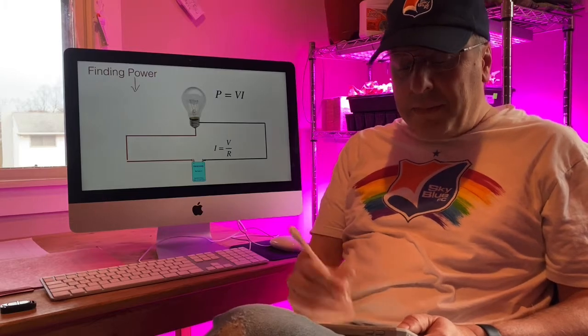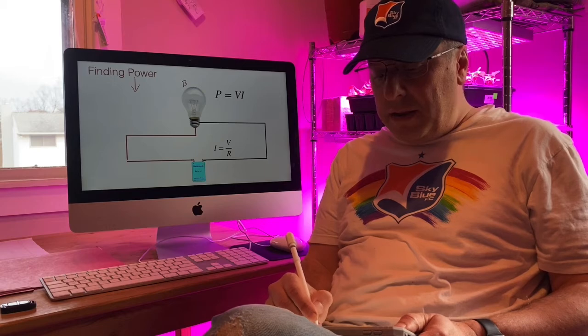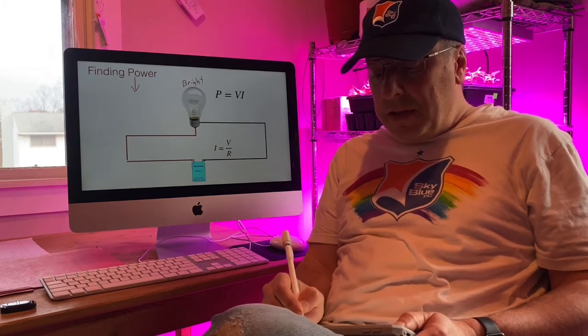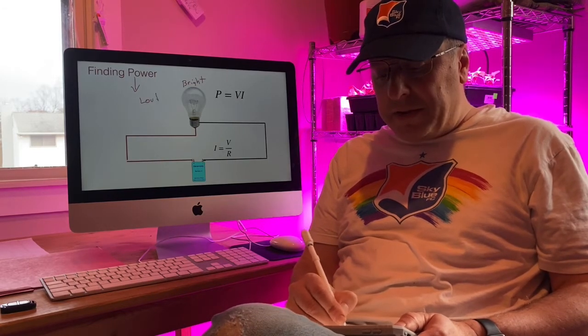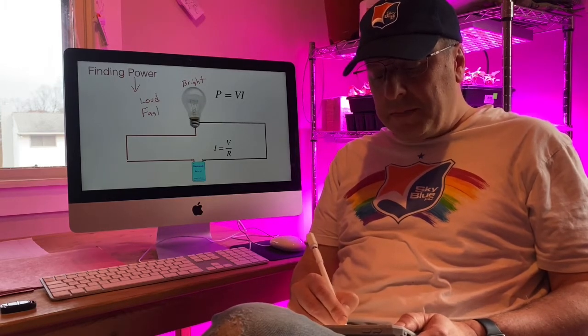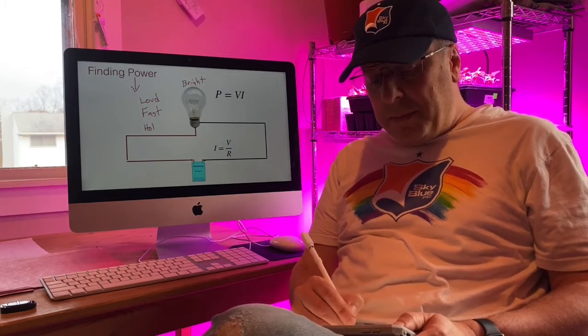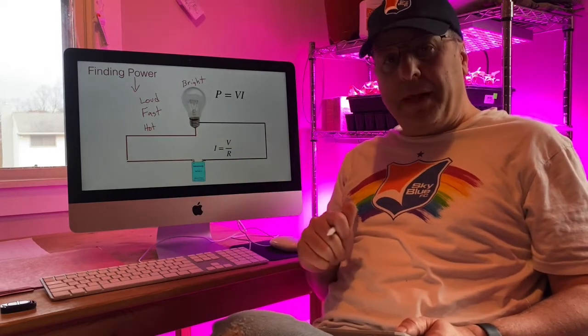Now, power is probably our most important thing. The power is going to determine how bright the light is. It's going to determine how loud a speaker is. It's going to determine how fast a motor is. It's going to determine how hot we can make something with something like a hot plate.